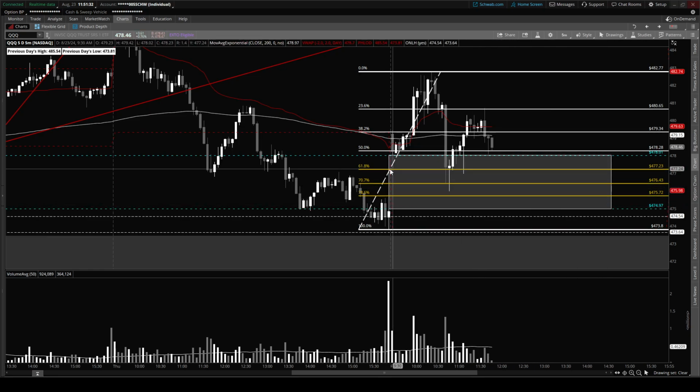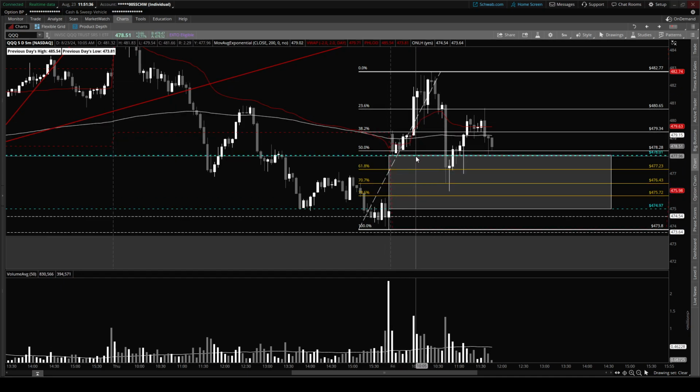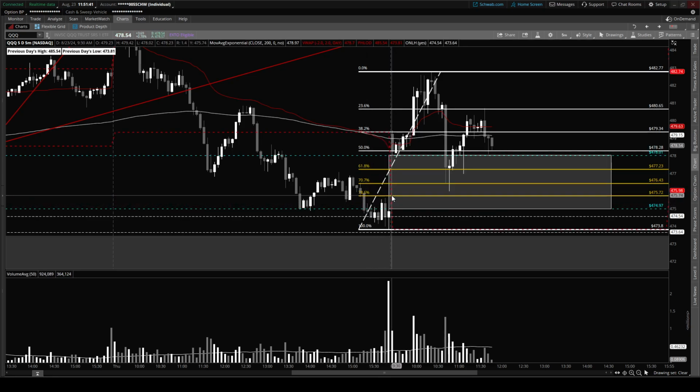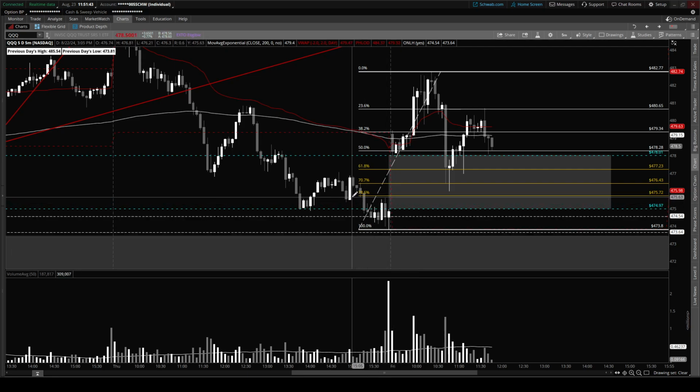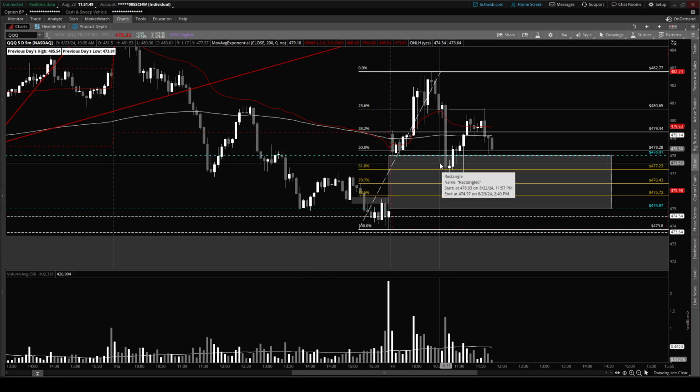So we have a gap, we have a fib level, and then we have almost a breaker structure, but also we did have a previous imbalance sitting below us. And overall, this is just a very nice demand level that we got a back test of.